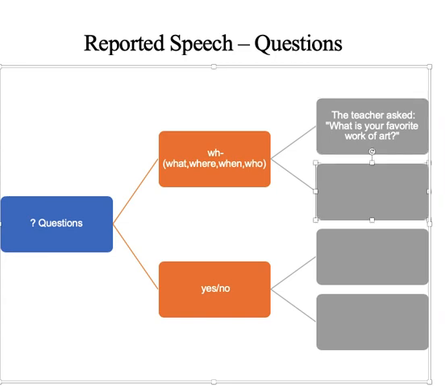And now we want to say this in reported speech. In this case, it's going to be super easy because we copy the first part, we say the teacher asked, okay? And then we are going to use exactly the same WH word that we have above. The WH word in this case is what. So we again repeat what.